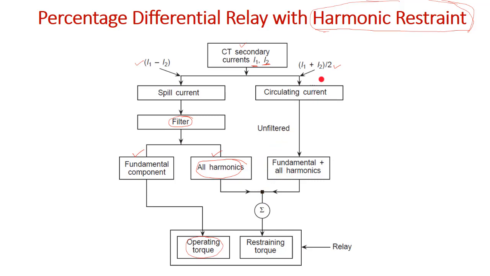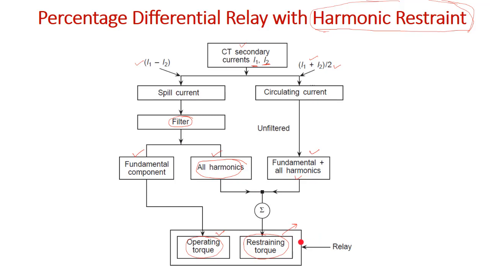To the restraining coil, the circulating current (I1 plus I2) by 2 is flowing, which has the fundamental plus all harmonic content. Again, in this we add all the harmonic content. By combining these two and sending them to the restraining coil, the restraining torque will become more than it was previously, and it will oppose the operating torque.